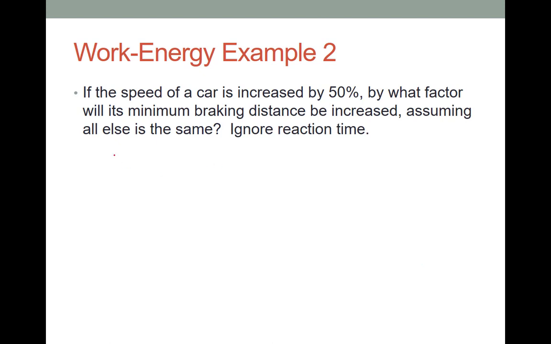Okay, so we're going to make an assumption here. The initial speed that it was going, I'm going to call v, and the new speed, the one that is 50% faster, will be 1.5 times v.